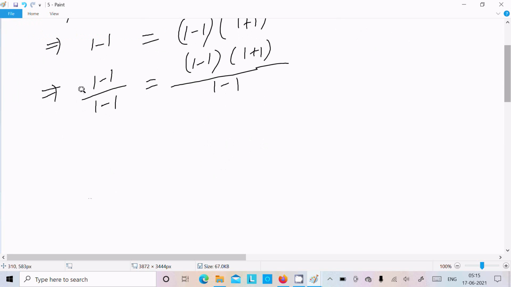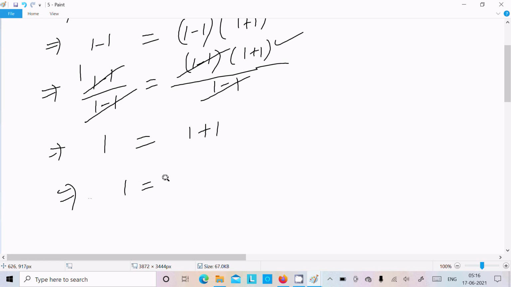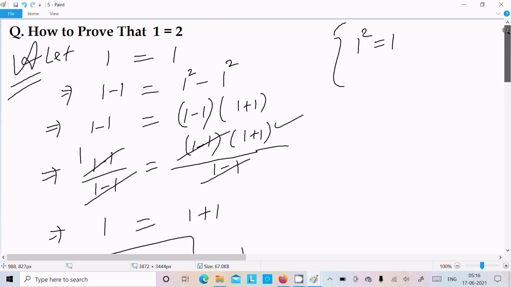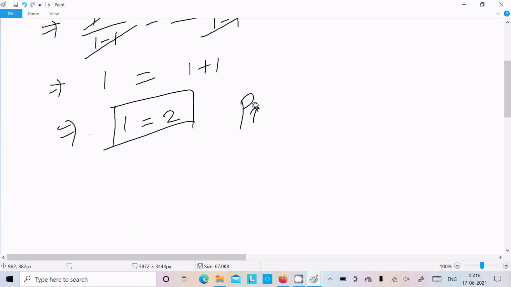Now here it cancels because it has the same term, and it cancels because it has the same. Here you can get 1 plus 1, this is left. Now here 1 equal to 1 plus 1, that is true. So this is what we needed to prove. Here it's proved.